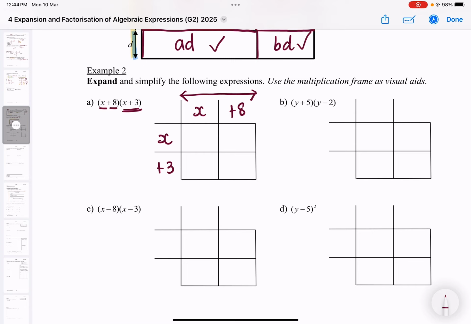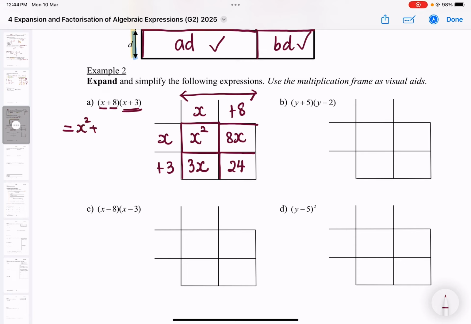So how do we do this expansion? We need to multiply the length here and the breadth here. So x times x, which is x squared. Then x times 3. So this is 3x. And then this is 8 times x. And then 8 times 3, so 24. So when this is fully expanded, basically it means the area of the 4 rectangles added together.